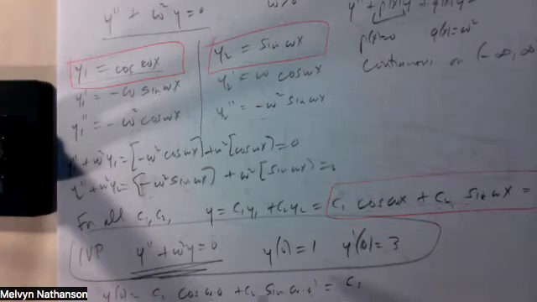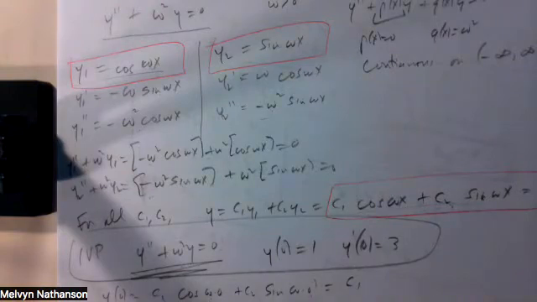Y prime of 0, if we differentiate this, we get minus omega C1 sine of omega times 0 plus omega times C2 cosine of omega times 0. So again, sine of 0 is 0, cosine of 0 is 1. This is equal to omega times C2.